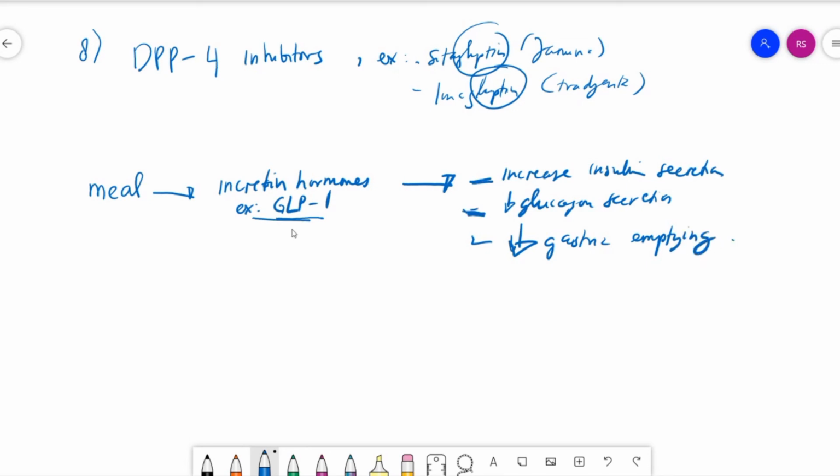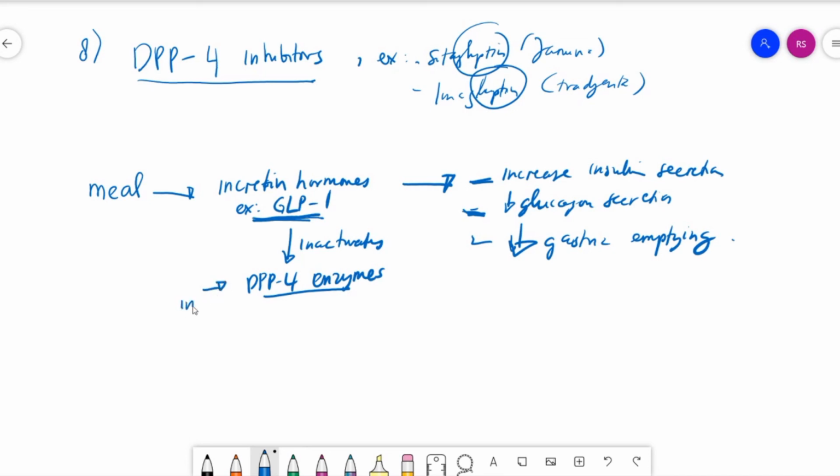But there's a chemical called the DPP-4 enzyme that will inactivate this GLP-1. So if you have the DPP-4 enzyme inactivating GLP-1, you take this drug, called a DPP-4 inhibitor.